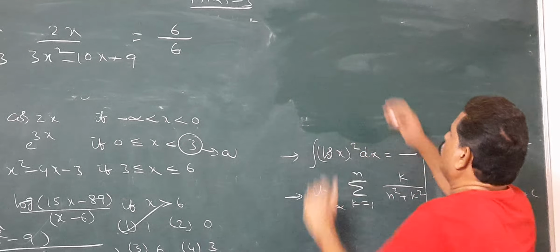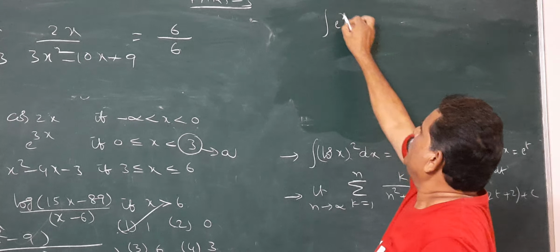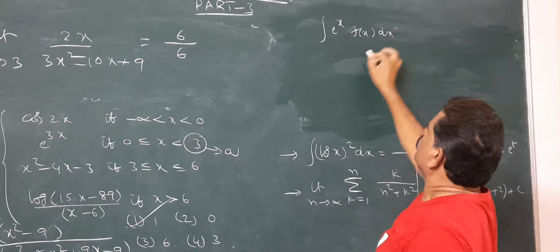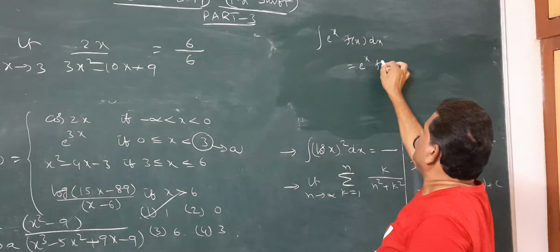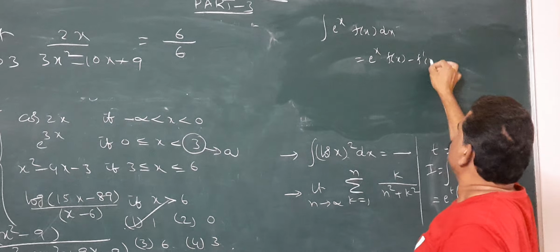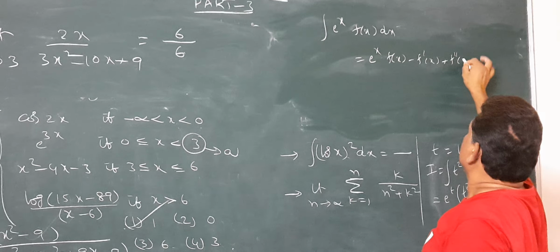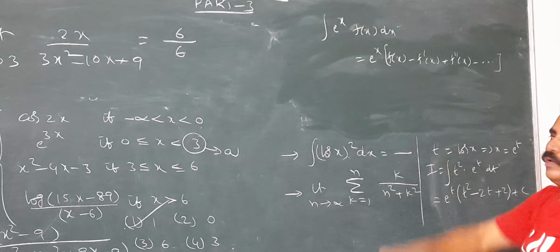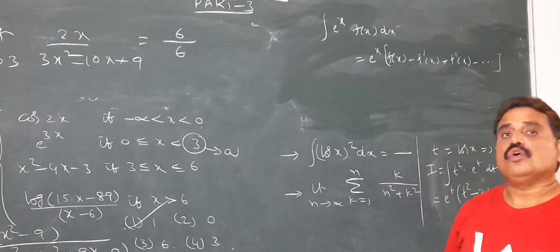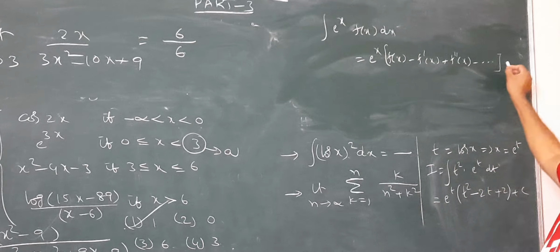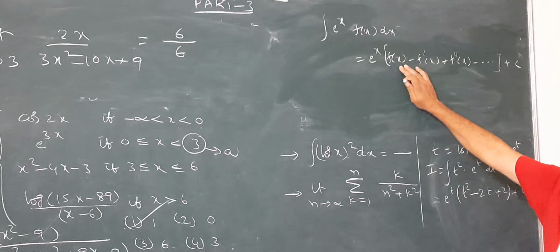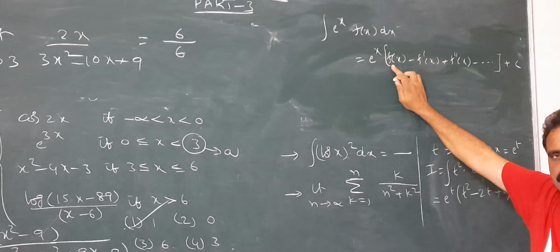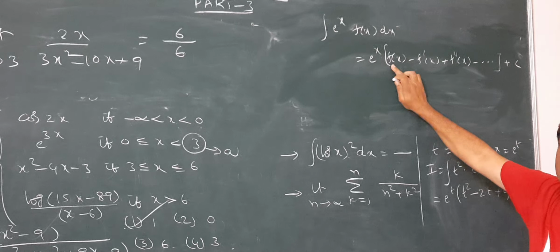Again, very important formula, note down: the integral of e power x into f of x dx equals e power x into (f of x minus f dash x plus f double dash x minus and so on). This formula is applicable when f of x is a polynomial, because at a certain derivative it becomes 0.